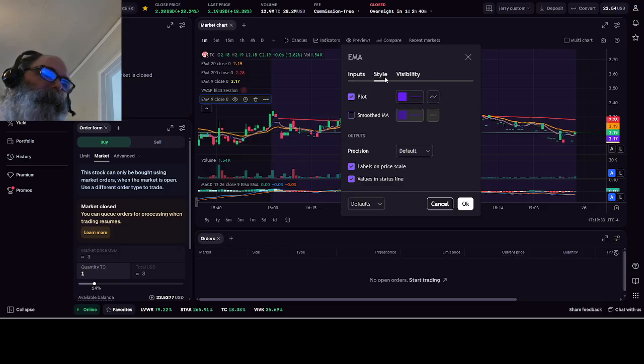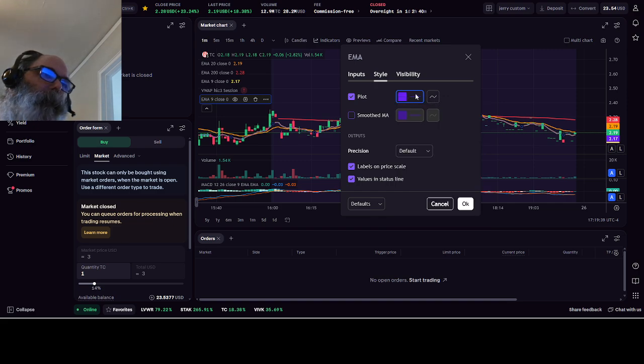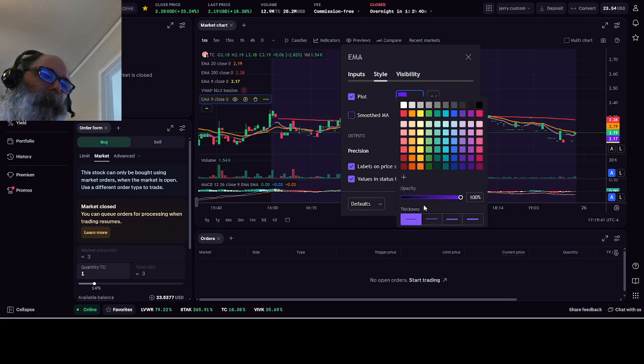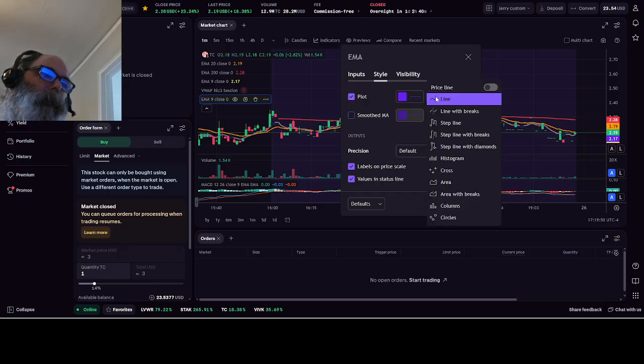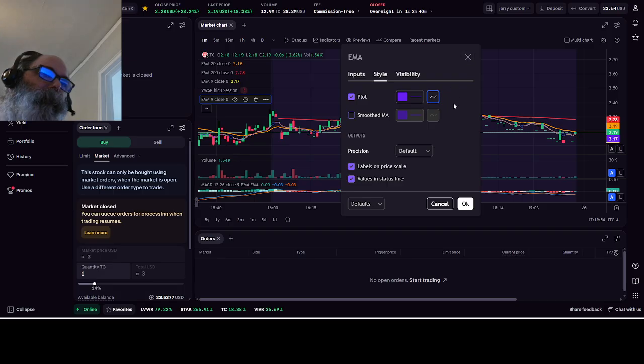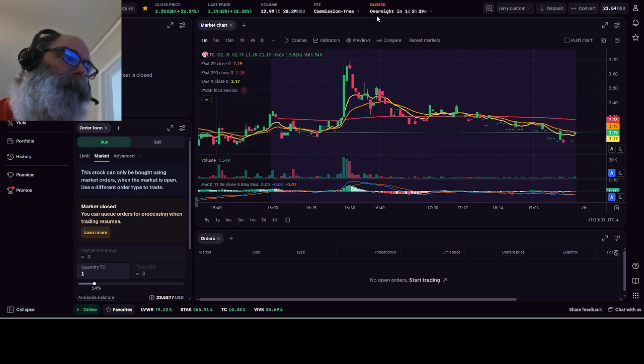You go over to the style. You can list whatever color you want. And also, you can set the thickness of the line, or set it however you want. Now I'll go ahead and cancel out of that, and I'll close this one up since I've already got it.